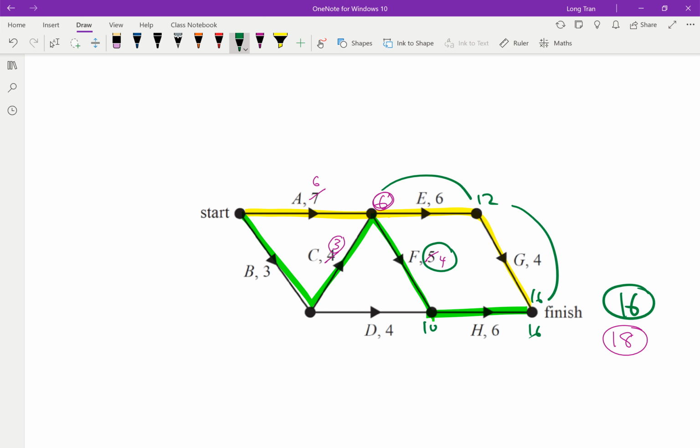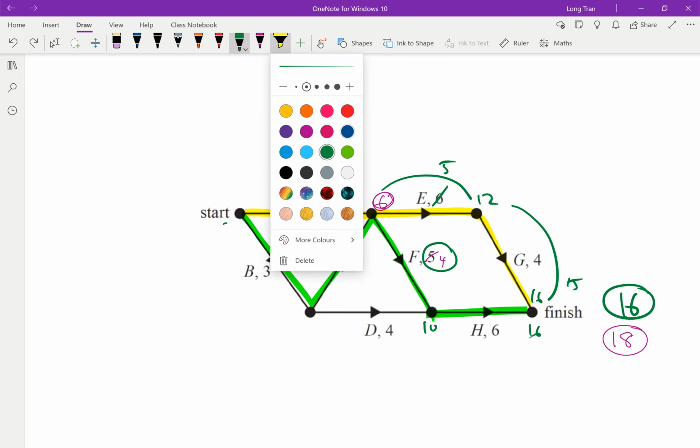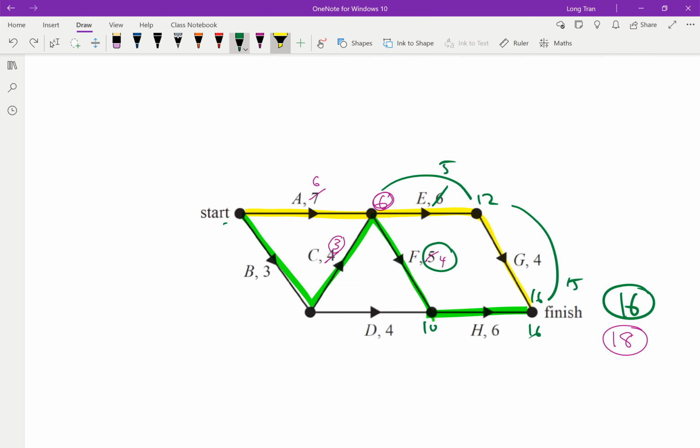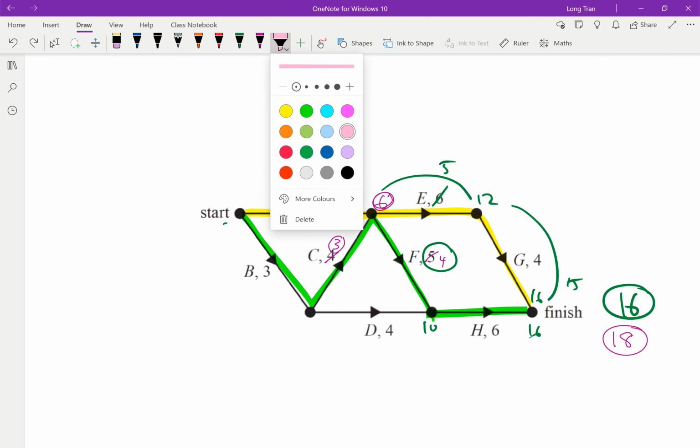Even if I reduce this by 1 and it became 5, and this is now 15, remember this pathway still is going to need 16. So that's why the minimum that I can reduce down to is 16, and the minimum activities that I could do before was then only, why is it such a different color? I don't know why I can't select what I want. Select, this is what I want to say.